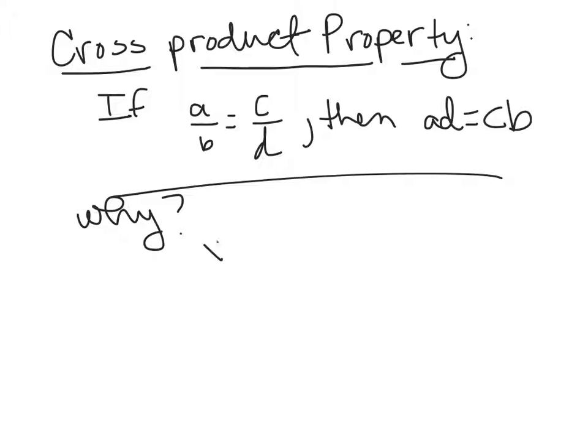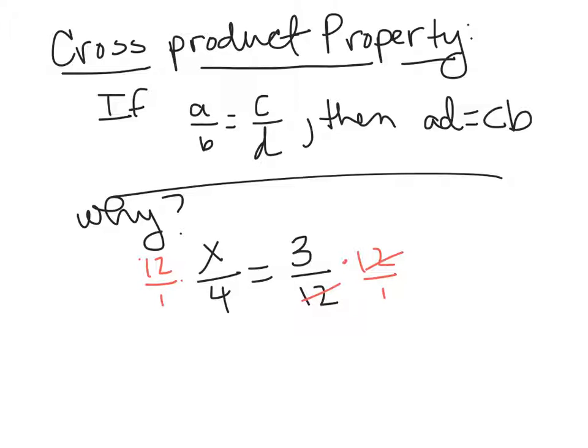So if I had x over 4 is equal to, let's say, 3 over 12, I can multiply this side by 12 over 1 to cancel out the 12.